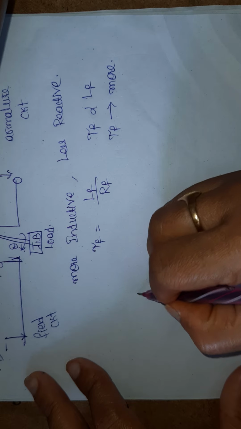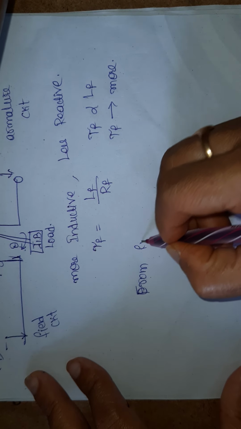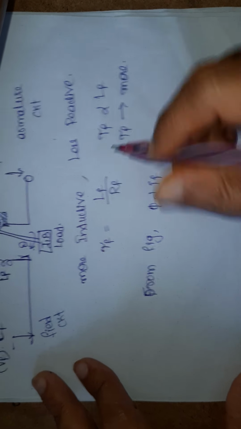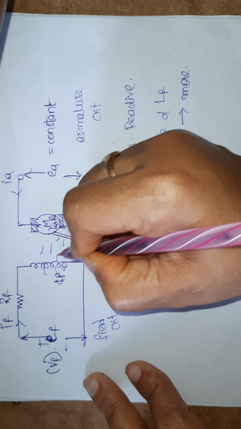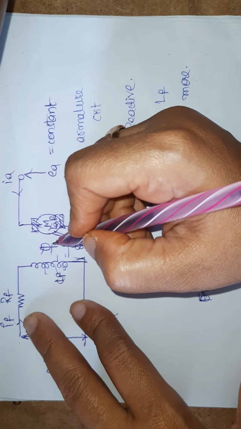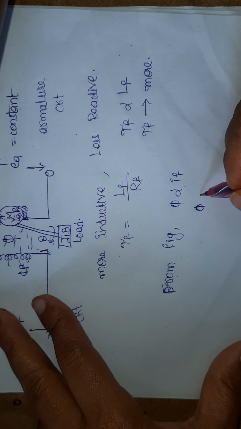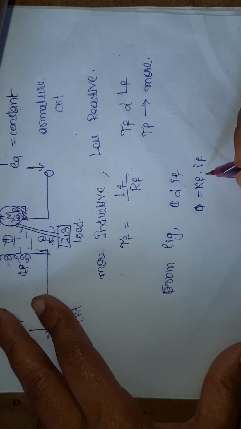As we know from the figure, flux phi is directly proportional to IF. Here the flux generated, phi, is directly proportional to the current IF. If I remove the proportionality constant, I will get KF, the field constant.